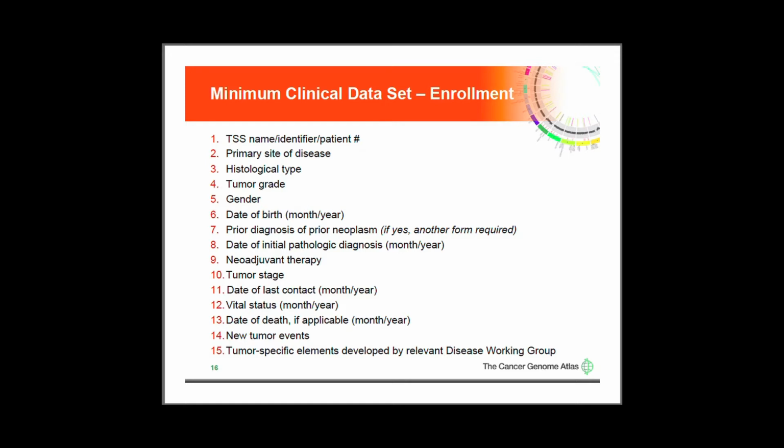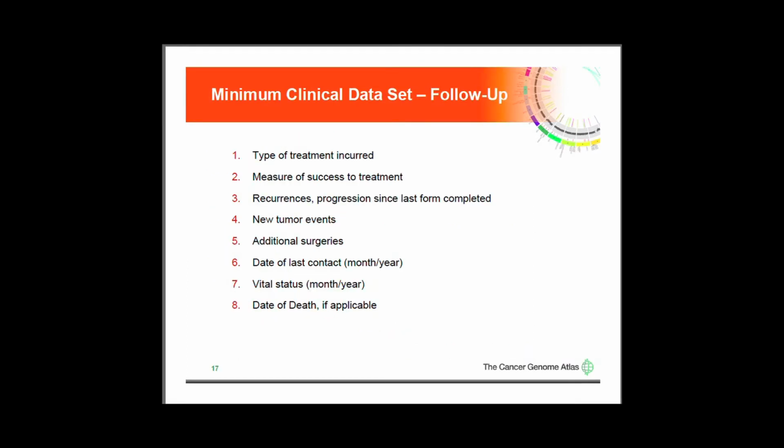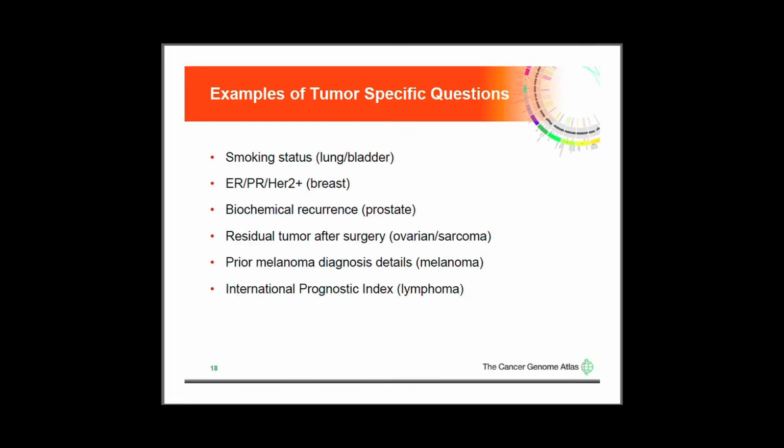So this is on the enrollment. We have more limited data on follow-up forms, but again they pertain to how they did after treatment, so you can better use this to calculate survival curves and whatnot. Now, I did talk about some tumor-specific questions.